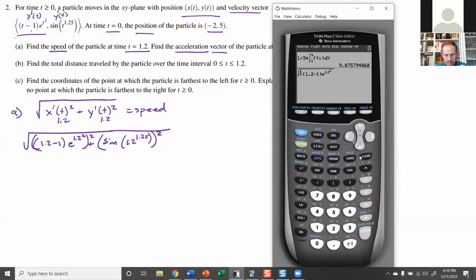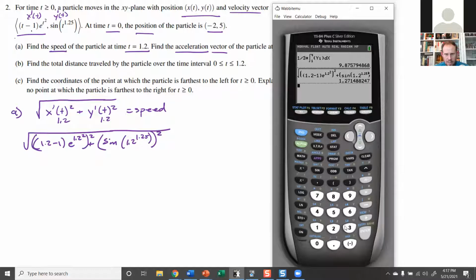All right, then we want to get down, close those parentheses, square that whole thing, plus parentheses, sine 1.2 raised to the 1.25 out of the exponent, close the sine parentheses, close the whole thing parentheses there, and then square that guy. And I think that's it.